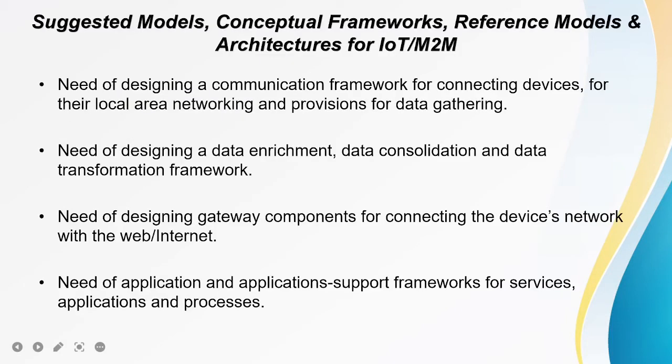Now let us come to some of the needs here, that is, suggested models, conceptual framework, reference models and the architectures of Internet of Things and machine to machine. The first need is designing a communication framework for connecting the devices in their local area network, with provisions for data gathering.